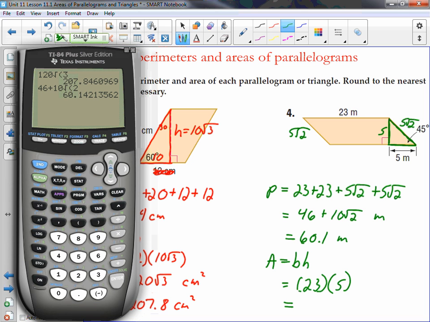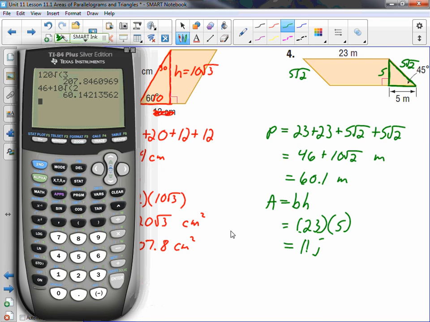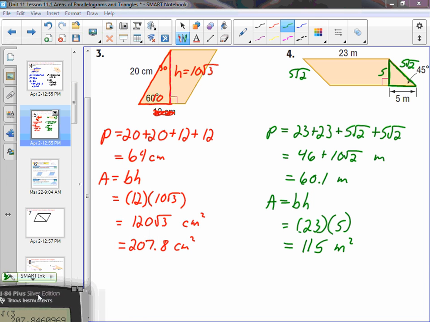So what's 23 times 5? So we get 115. Let's try that again. So we get 115 square meters. All right? We're good with parallelograms?